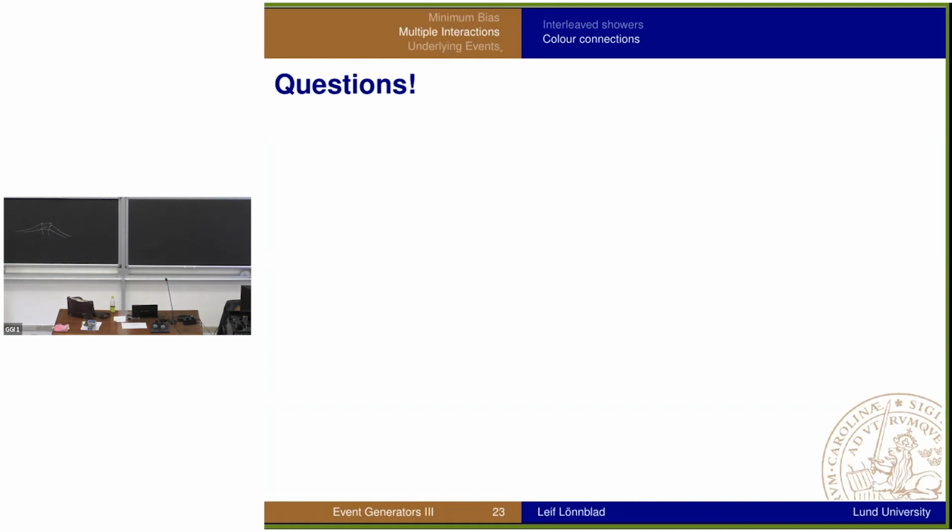Yes, so baryons in this QCD coloring method really start to be fun, because there you can have color connections that give junctions, that give baryons all over the place. It doesn't work very well, but many things happen there. So it really changes the restriction. And so, let's say qualitatively, the probability distribution function is changed. Yeah.